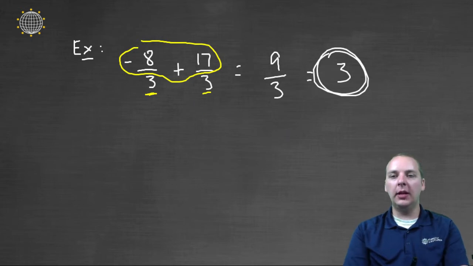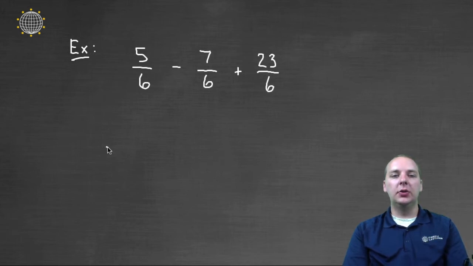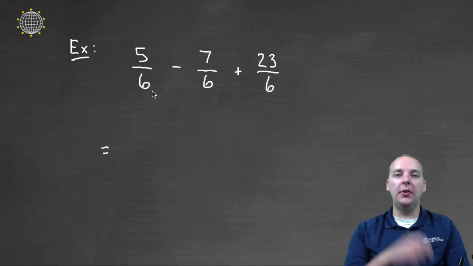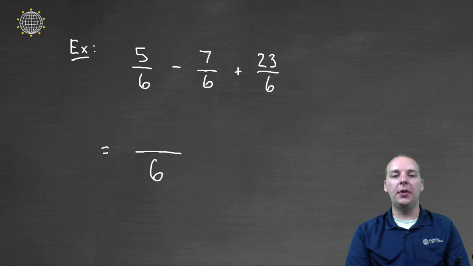Let's wrap up with one last example. Here we've got a big one. We have three fractions. We have 5/6 minus 7/6 plus 23 over 6. So here I've got a common denominator for all three, a 6, a 6, and a 6. So in my answer, I will have a denominator of 6, that common denominator there.